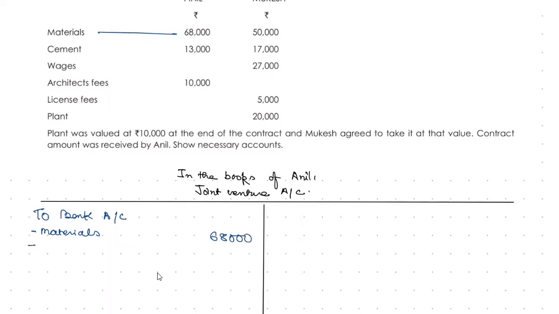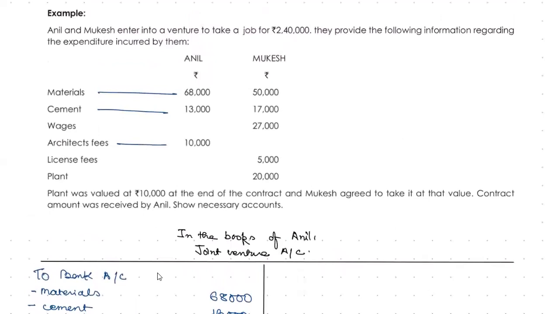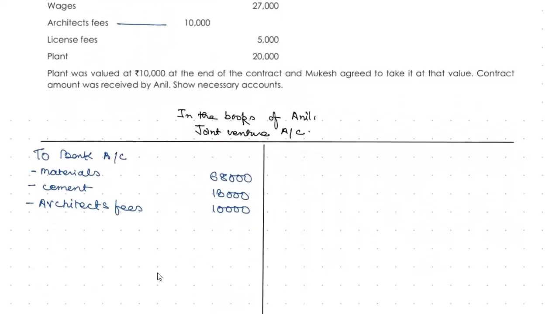The next is cement, 13,000. Then there is architect fees, 10,000. Any more expenses? No more expenses in Anil's name.